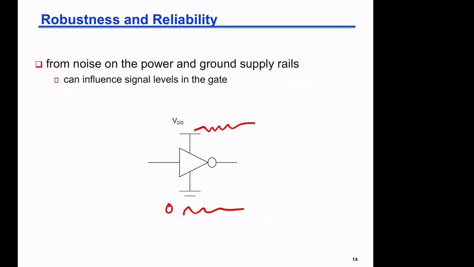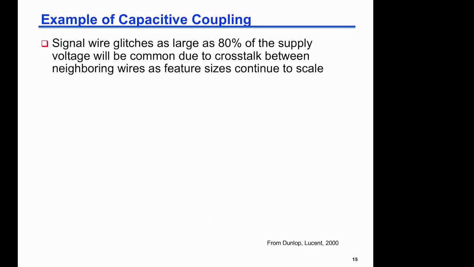And of course, when I am not being fed a proper VDD or a proper 0, I cannot deliver a proper VDD or a proper 0. So garbage in, garbage out. So this is why we have to be very careful about the design of our circuits.